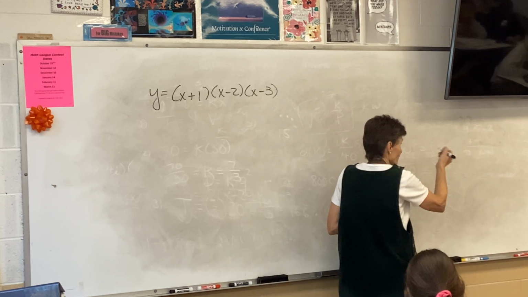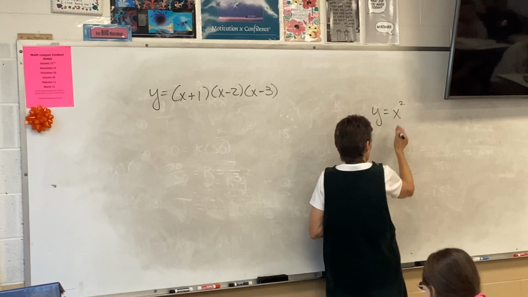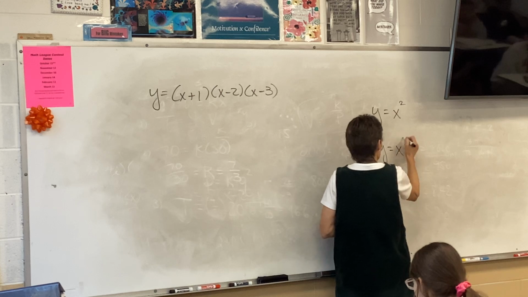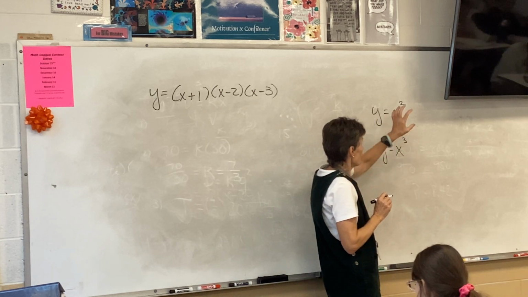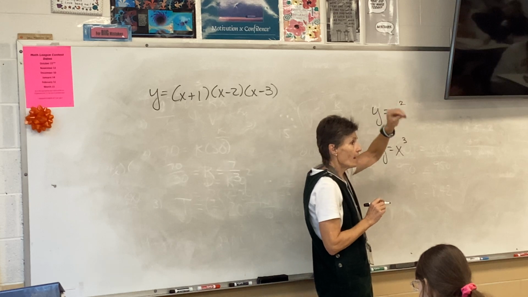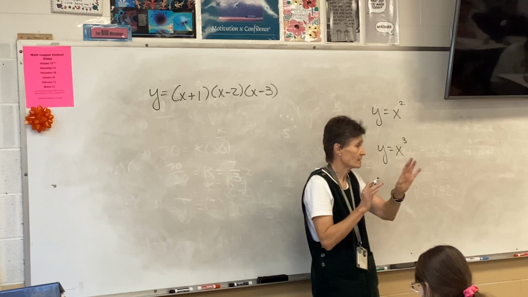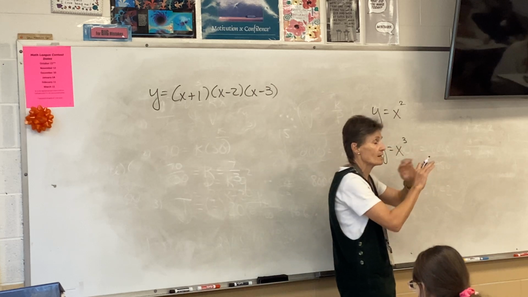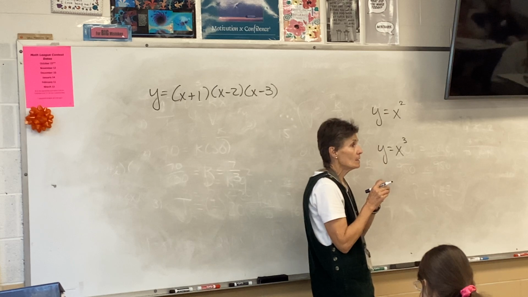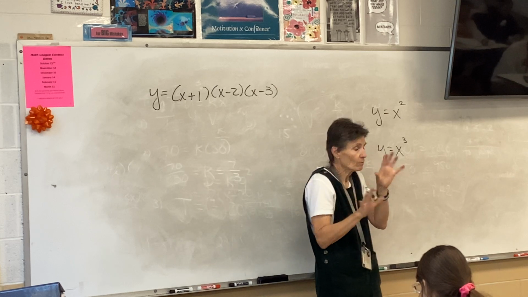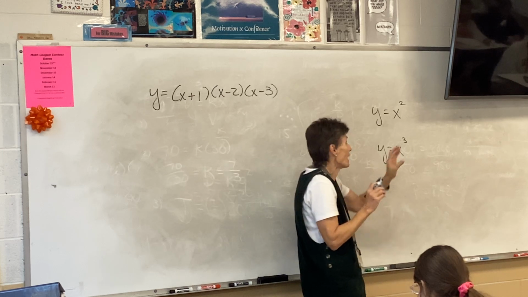In BFF land, you have x squared and you have x cubed. Any x to an even power, whether it's squared or x to the fourth or x to the sixth, anytime your x is to an even power, your curve, whatever it looks like, is going to have end behavior the same as x squared.